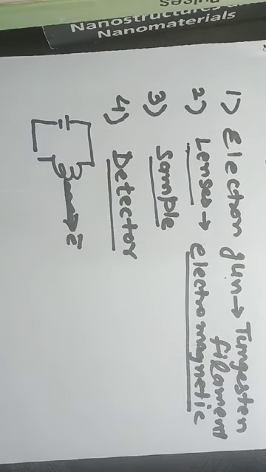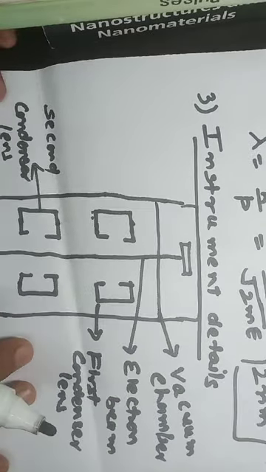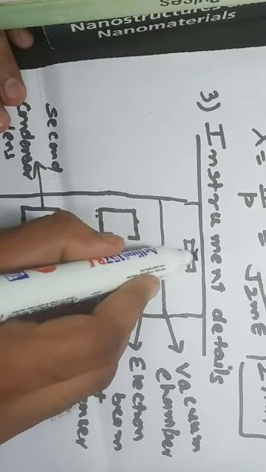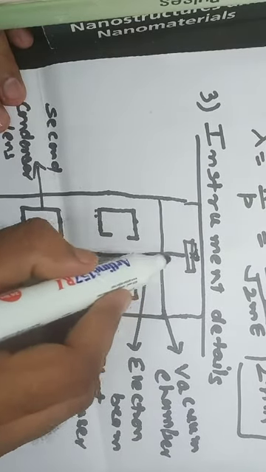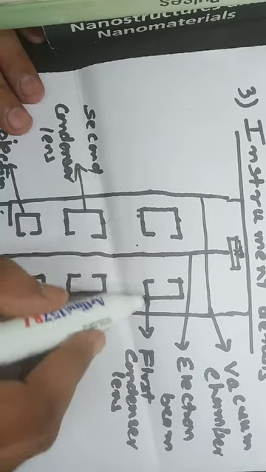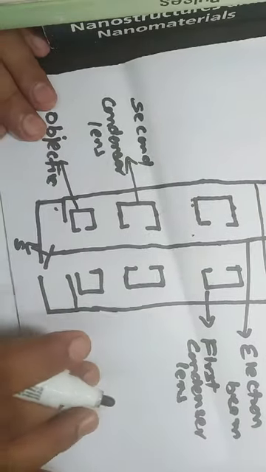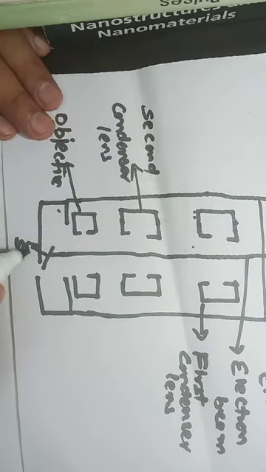Let me again recall what we are talking about. So this is the electron source from where the electrons are emitted, and these electrons will be focused with the help of the first condenser lens and second condenser lens, and then they will come onto the surface of the sample. Is it clear?